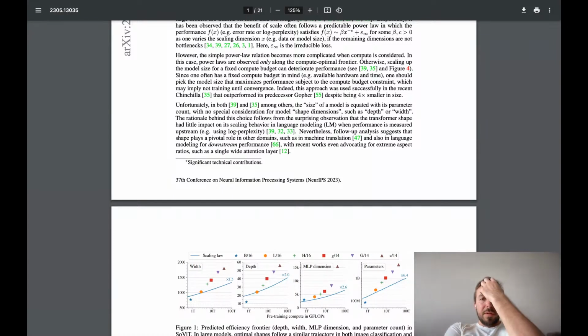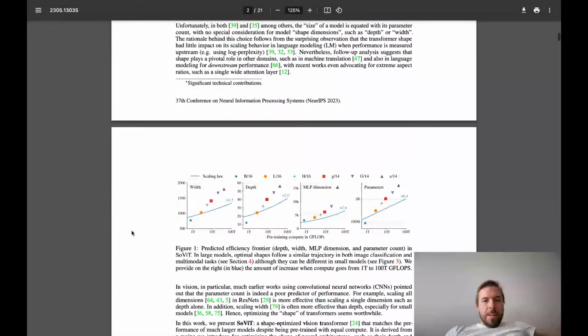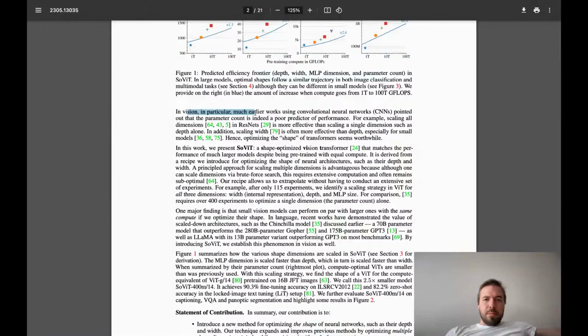Recent work even looks at the upstream aspect ratio, such as a single wide attention layer. In vision, in convolutional neural networks, it was pointed out that parameter count is indeed a poor predictor of performance. For example, scaling all dimensions in ResNets is more effective than scaling single dimensions, such as depth. In addition, scaling width is often more effective than depth, especially for small models, hence optimizing the shape of transformers seems worthwhile.